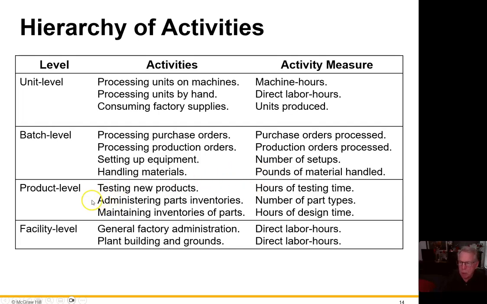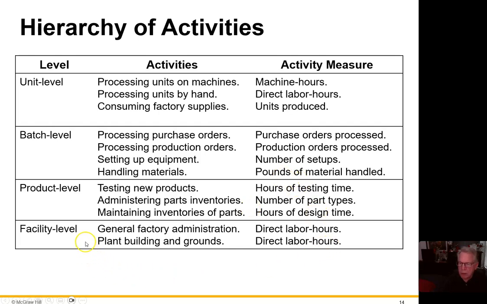Now, if we jump from batch level to product level here, if we test new products, we can use testing time. If we administer parts inventory, we can look at the number of part types. And if we maintain inventories of parts, we can look at the hours of design time to create those inventories.